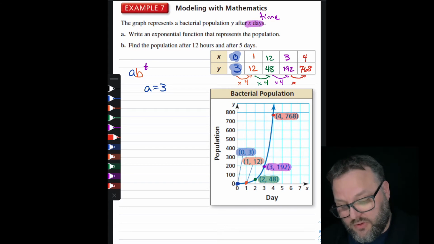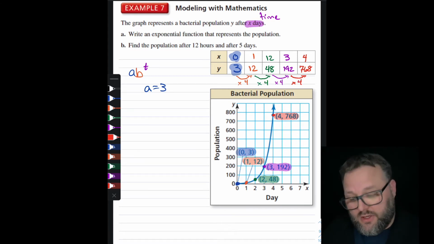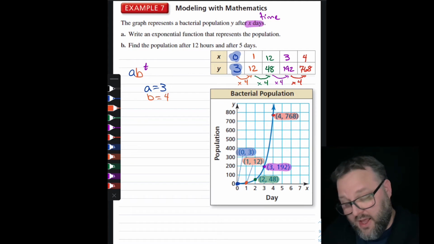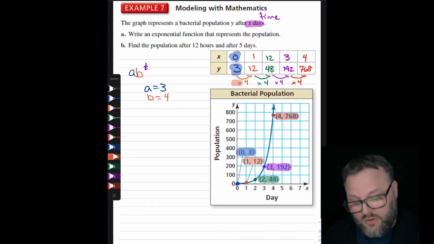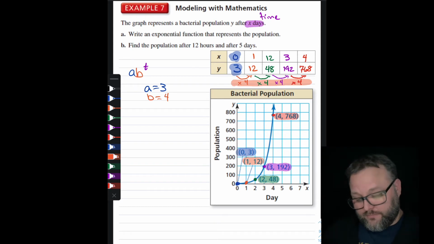And as long as I'm multiplying by the same amount, that means I have a constant rate of change, and that means that B is going to be equal to whatever I've been constantly multiplying by. So all of these 4s represent the same base that's going to a power.